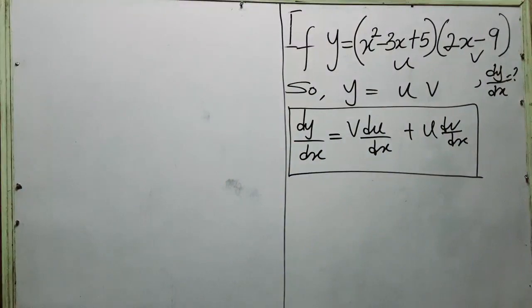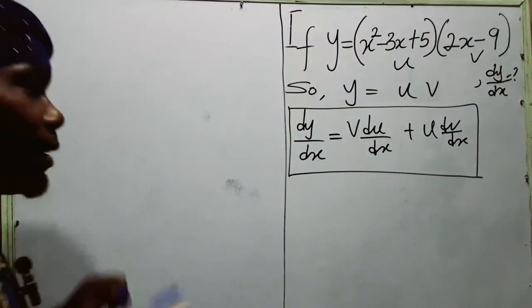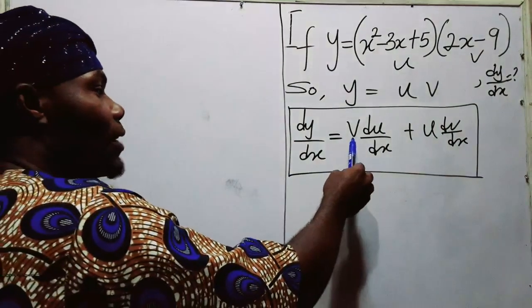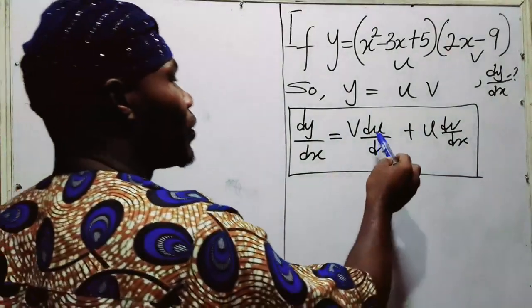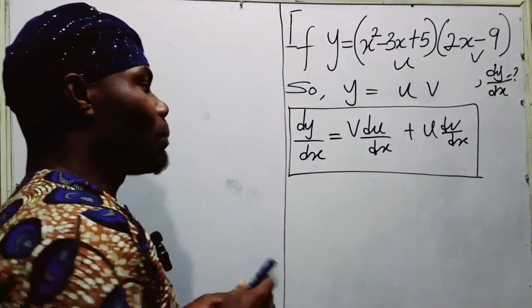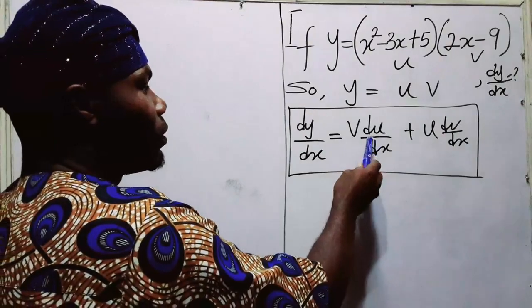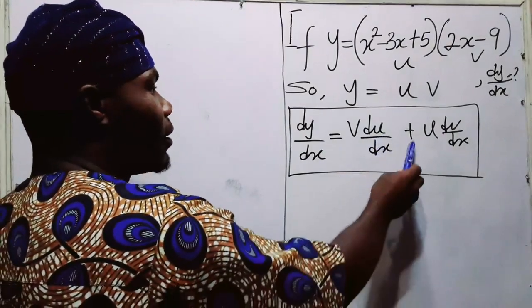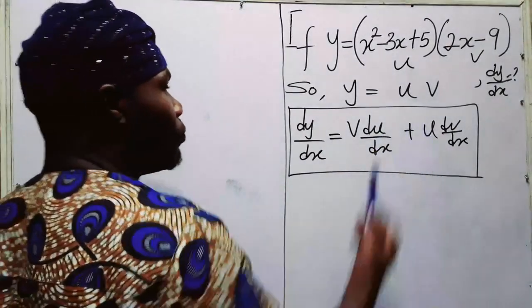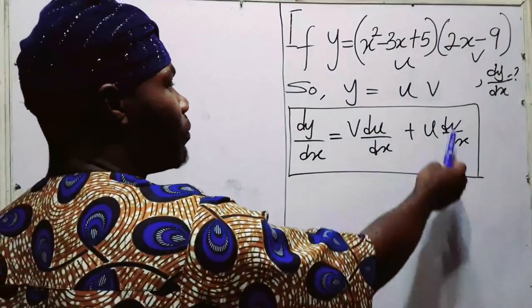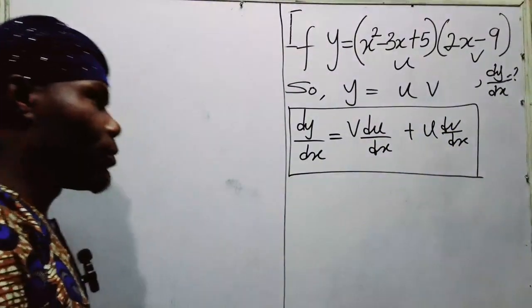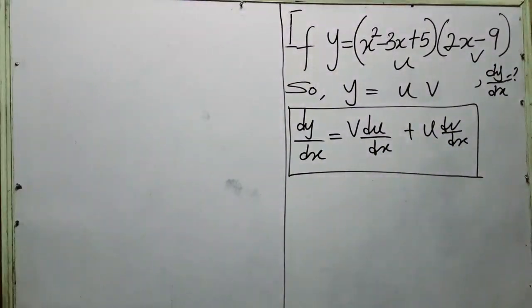The product rule is telling us that you write v, you differentiate u with respect to x, and you add it to u, where you differentiate v with respect to x. So now we're going to be differentiating one by one to make it easy.